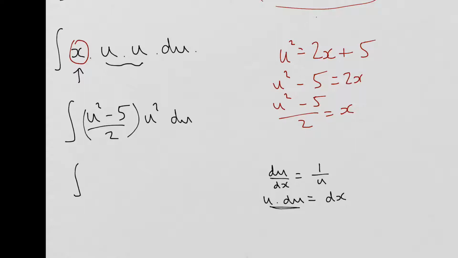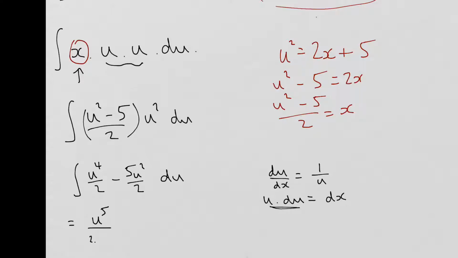So I'm going to integrate u to the power of 4 over 2, take away 5u squared over 2. Because they've got that common denominator of 2, I am able to write them as separate terms here. If I had something on the denominator like 2 plus x, I wouldn't be able to do this. So integrating that, increase the power by 1 and divide by the new power.